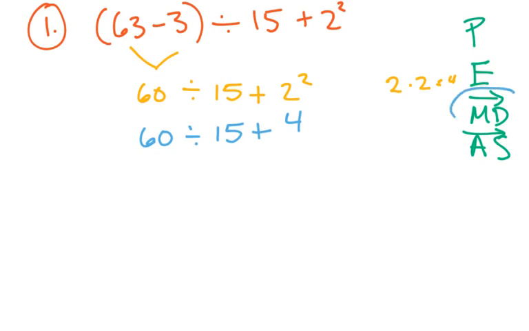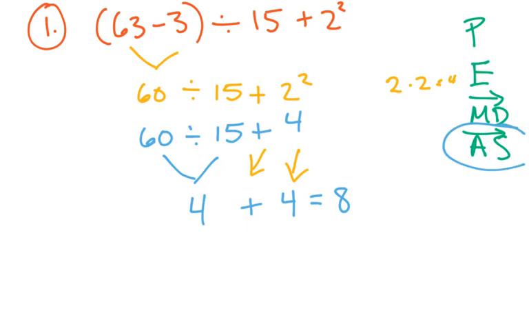Now we're going to do multiplication and division. So we're going to get 4, and then we're going to bring down plus 4, and that equals 8. Because we do addition and subtraction last.